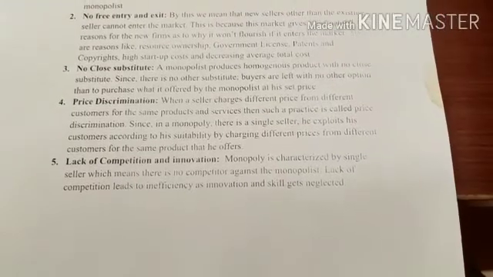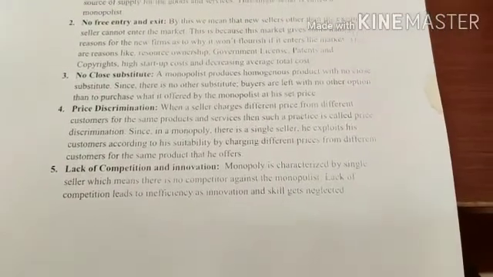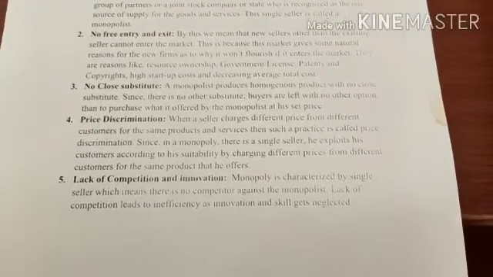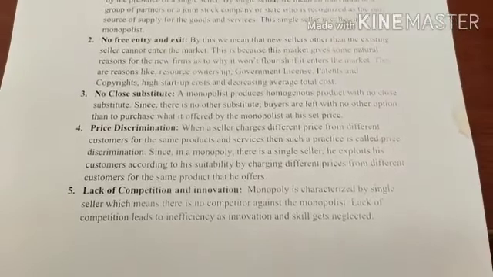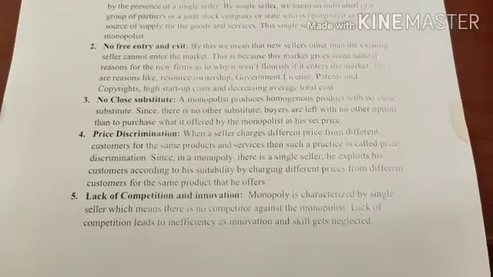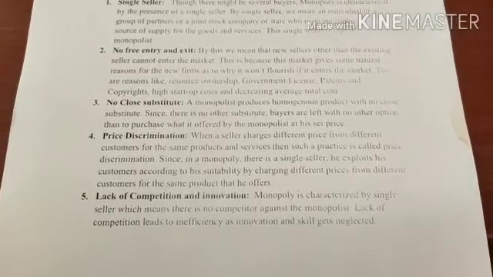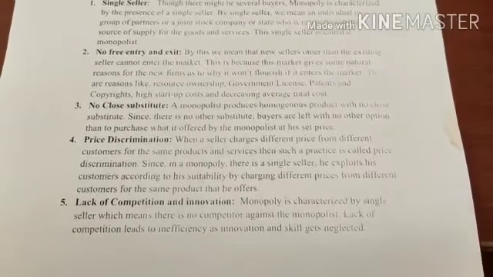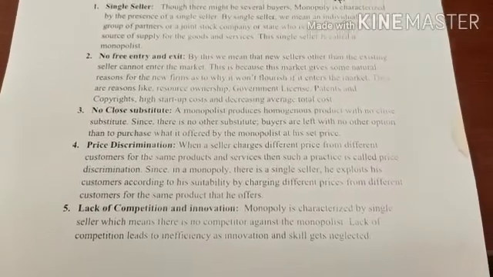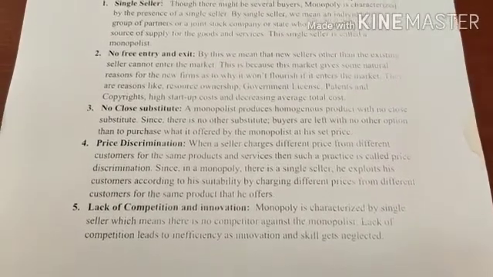The service that the agency is providing to the buyers is the same, right? The services are the same, but they will charge different prices from different customers. So that is what we see under price discrimination. Price discrimination exists in monopoly.